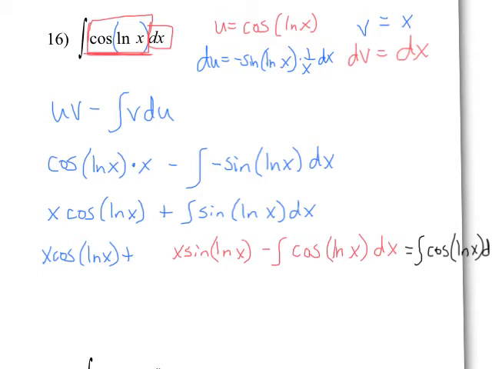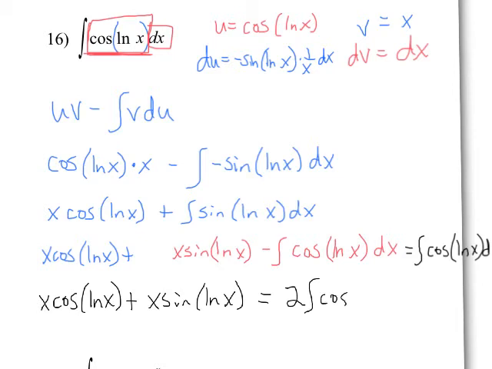So we could actually combine those as like terms. And so we have x cosine ln of x plus x sine of ln of x is equal to 2 of our integrals, cosine ln of x dx.